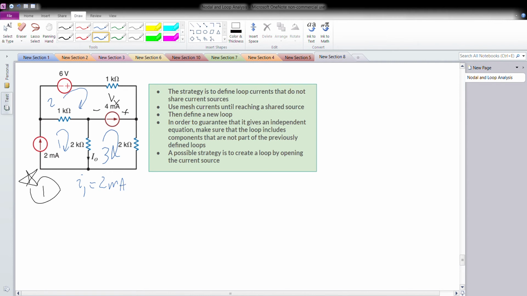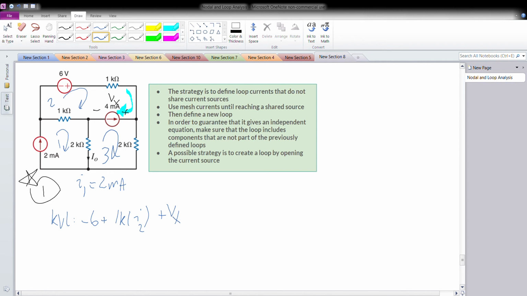I'm going to move to loop 2. So KVL in loop 2: I enter the voltage source on the negative side, so it's going to be -6, plus the 1K, which only belongs to loop 2, so it's 1K times I2. Then I come down and enter the positive side of my arbitrary voltage source, so it's going to be positive Vx.